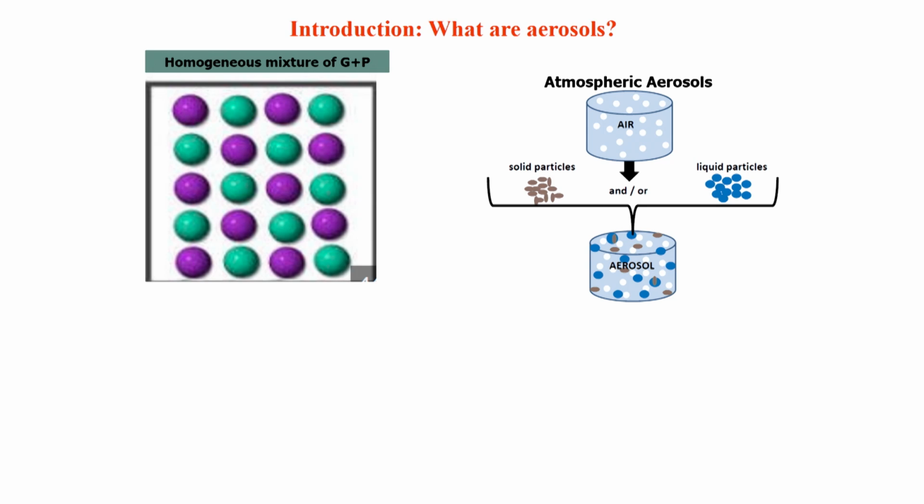For example, we use body spray, it gives aerosols, right? That is also a kind of aerosol. But when we stick to things that are suspended in the air, and air is taken as the dispersion medium, and there can be solid particles or liquid particles or both, this system is called atmospheric aerosols.